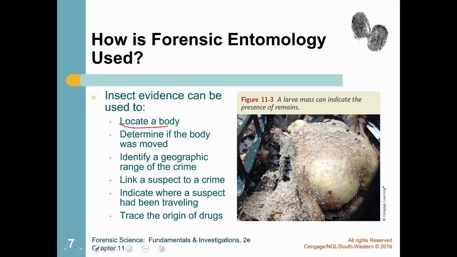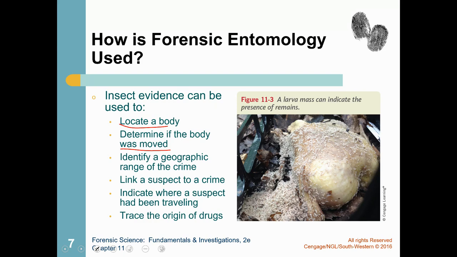We can use insect evidence to locate a body. Based on what insects are on the body, we can determine the location. We can see swarms of insects and determine if a body is present. We can determine if a body was moved based on the types of insects and what the insects are ingesting.